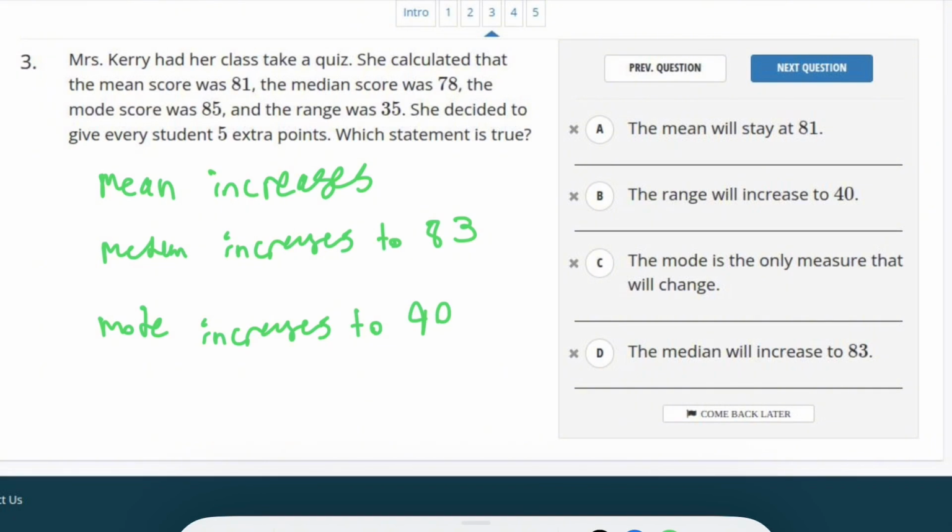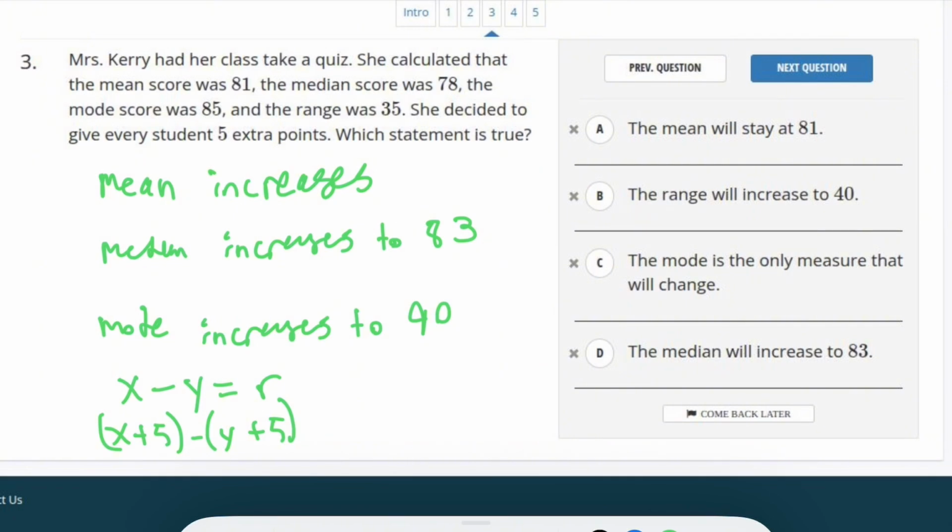So x minus y would be the original range, equals r. But now we are changing it to x plus 5 minus y plus 5. Correct? First of all, you could think about it logically: if you're adding 5 to both of them, the difference will be the same.